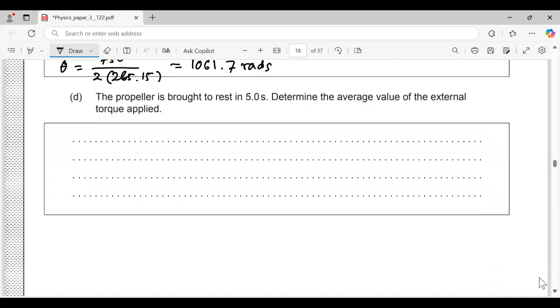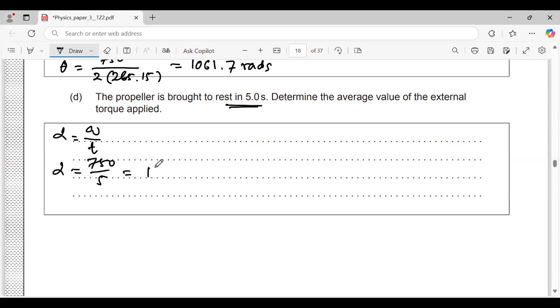The propeller is brought to rest in 5.0 seconds, determine the average value of the external torque applied. We're using the kinematic equation that alpha equal omega over t. So alpha equals 750 over 5 because t equals 5.